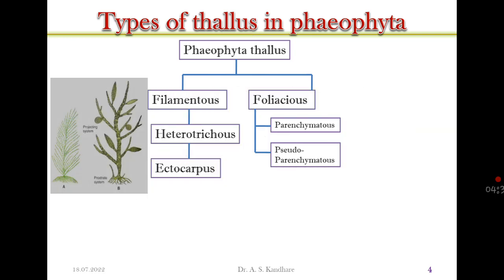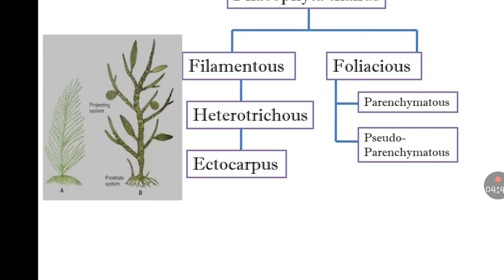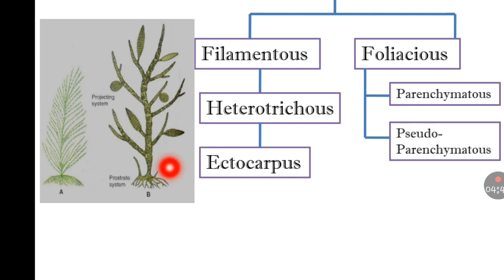Now here is the figure of Ectocarpus, and this is the example of heterotrichous. So here you can see this is the plant body thallus. This is the erect system and this is the prostrate system.